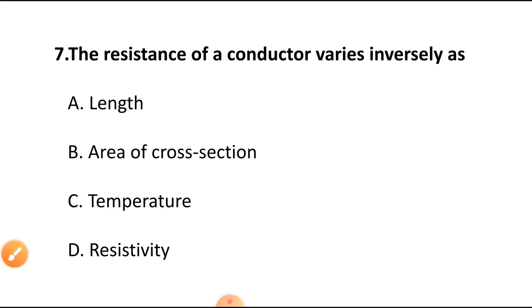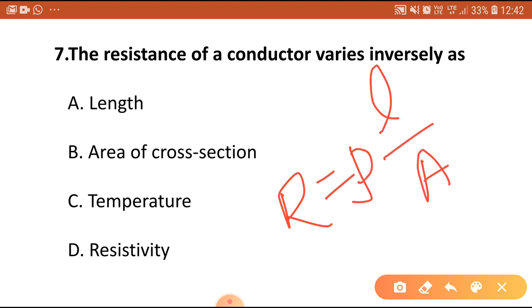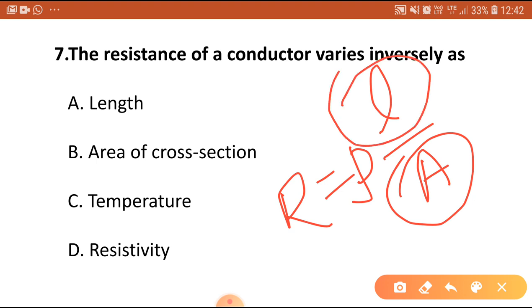Okay, next, question number 7. The resistance of a conductor varies inversely as. This is also a very important question, and this type of question repeatedly comes into the exam. So you have to keep in mind one formula, that is R equals rho L by A, where A is the area of cross section, L is the length of the conductor, and R is the resistance of the conductor.